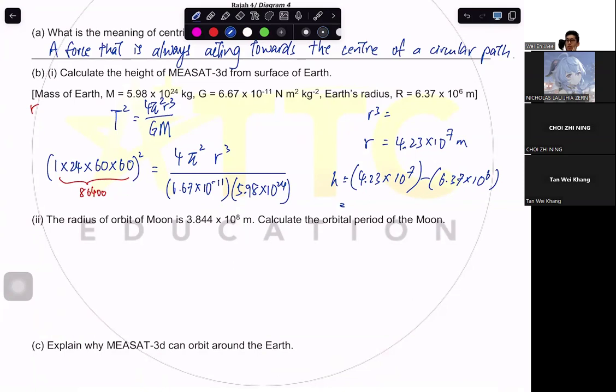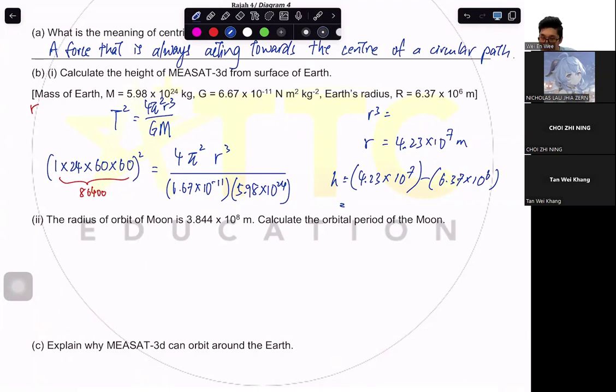Should be left with 3 point something something times 10 to the power 7, right? After you minus. Correct.